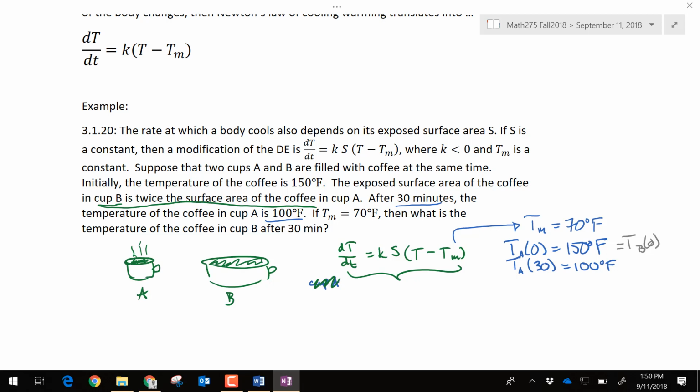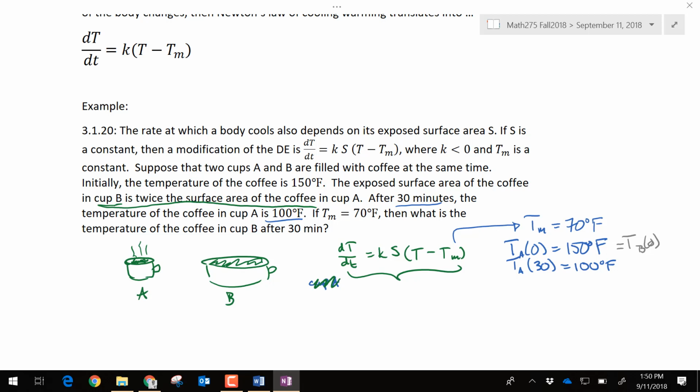Yeah. In fact, what are the two variables? Capital T and lowercase t, right? Do we see any lowercase t here? We don't even see a lowercase t. So we can take the stuff with a capital T and move that over with the dT, and then move everything else to the little t side.